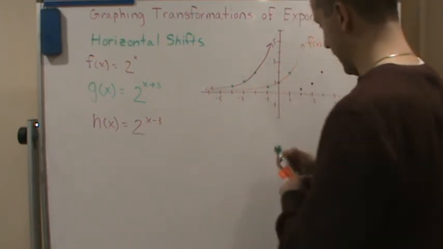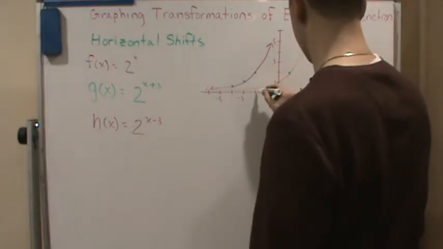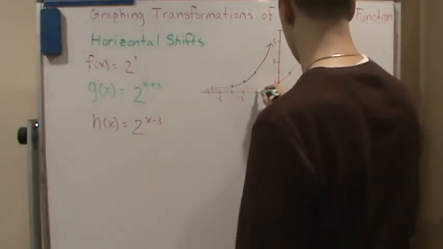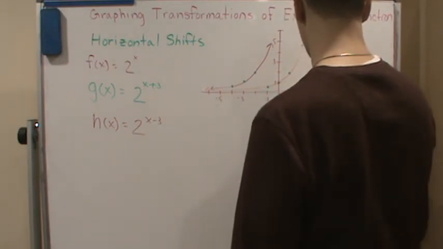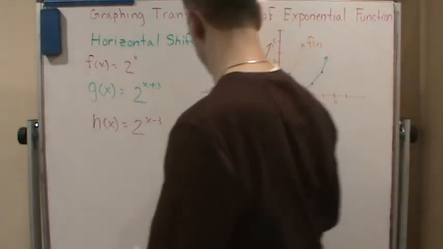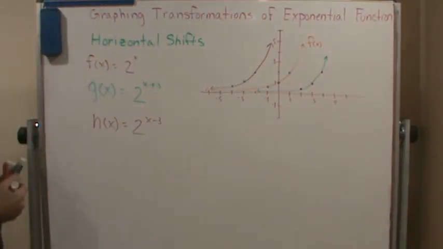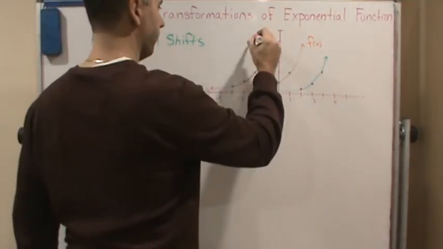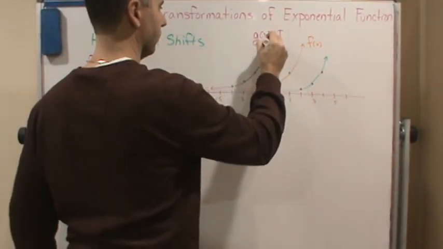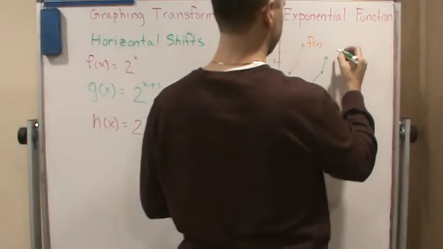And then my graph looks like this. And so this is my g of x and my h of x.